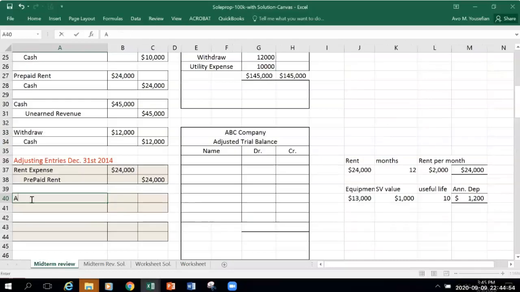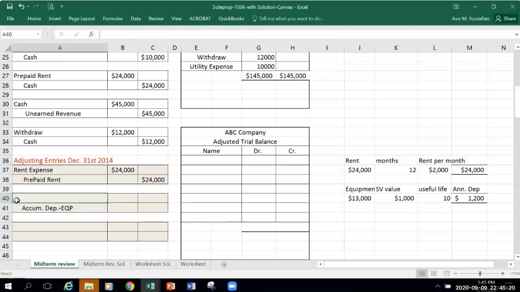Accumulated depreciation dash equipment. Okay, Control X, Control V. That's going to be at the bottom.